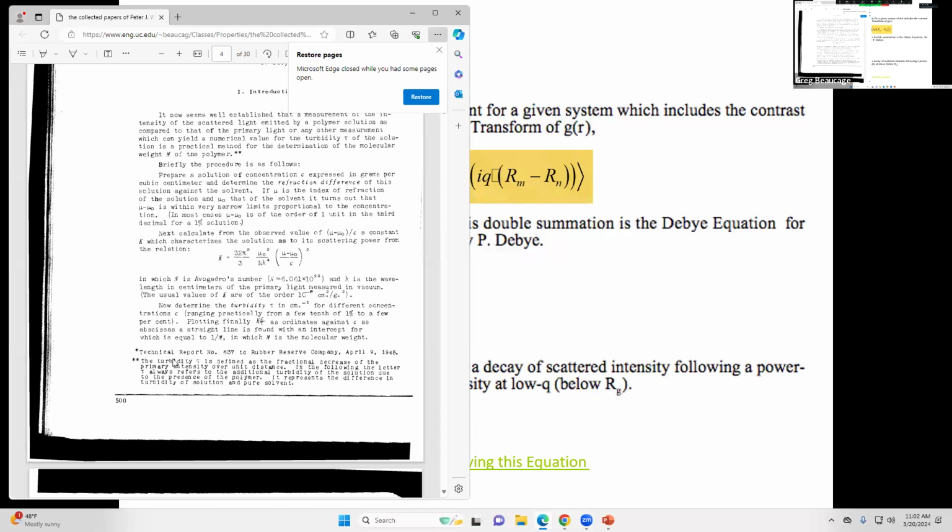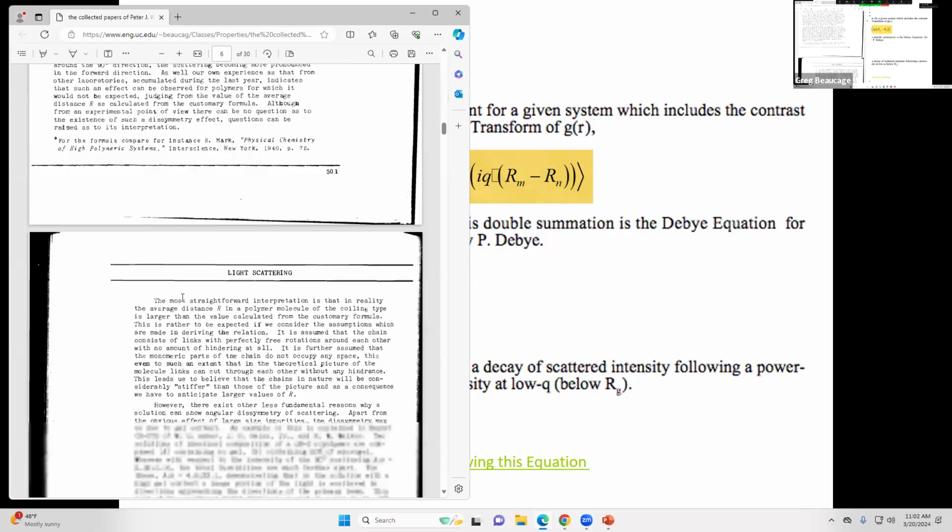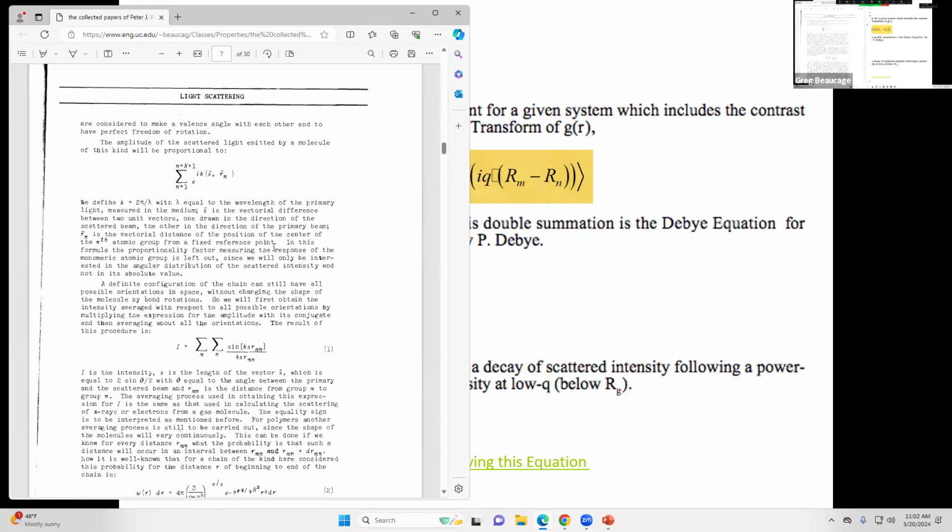You see this and it's not in a journal. This is a really important paper for polymers, but it's just in a technical report that was dumped out at the end of the war. But he does the derivation in here. It's not even printed like in a journal, it's just typewritten on a typewriter.